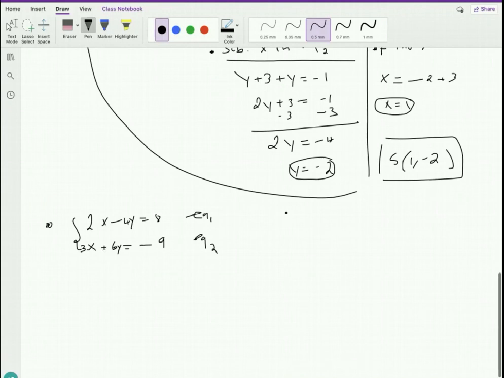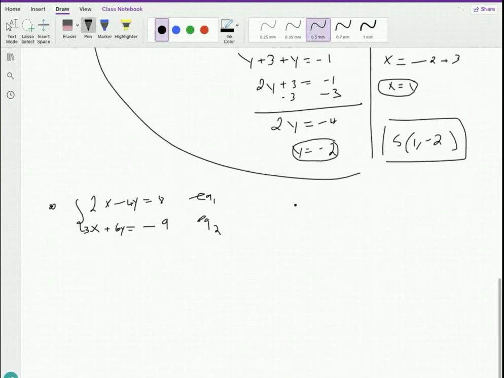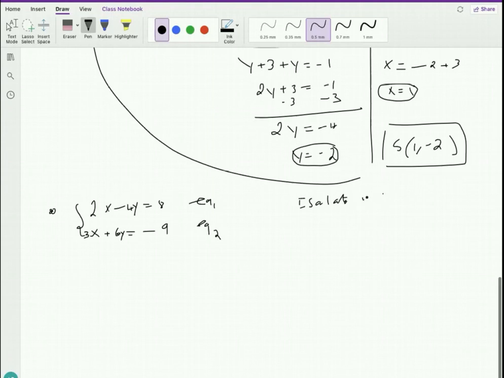So it's like solving for y. So isolate y in an equation 2. Again, this is optional.